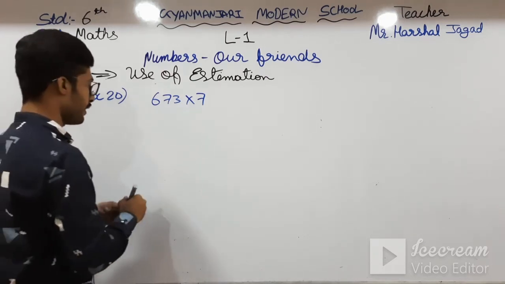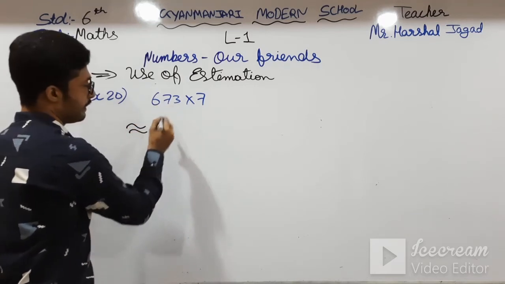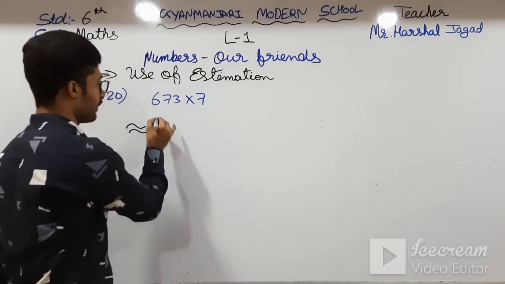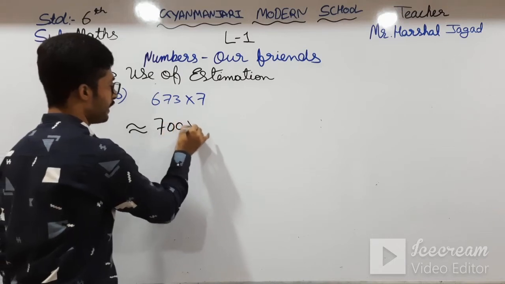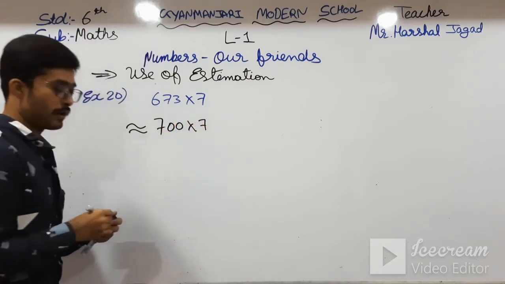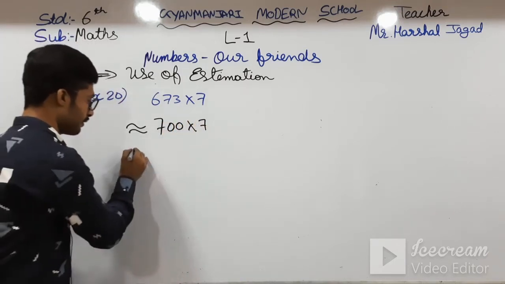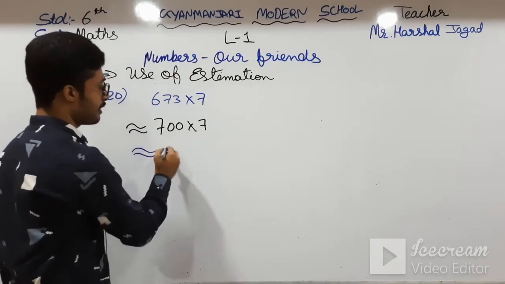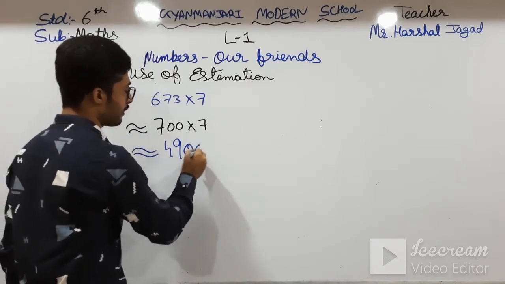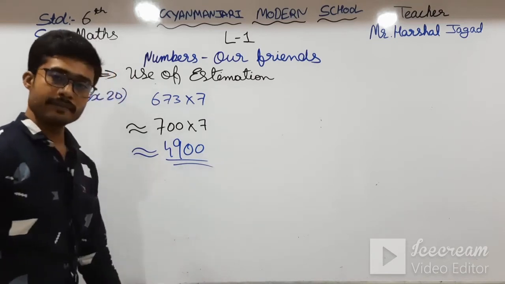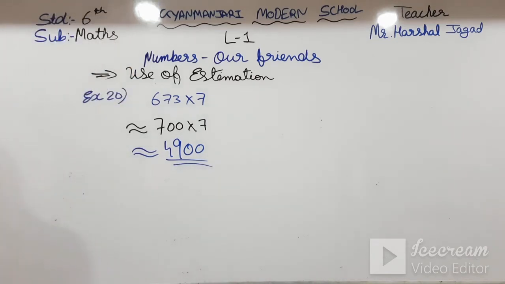How to round off the figure? Here it is near to 700. So we will write 700 into 7. Then what will be the approximate answer? 7 7s are 49. This will be the answer. Okay students, this is your example number 20.